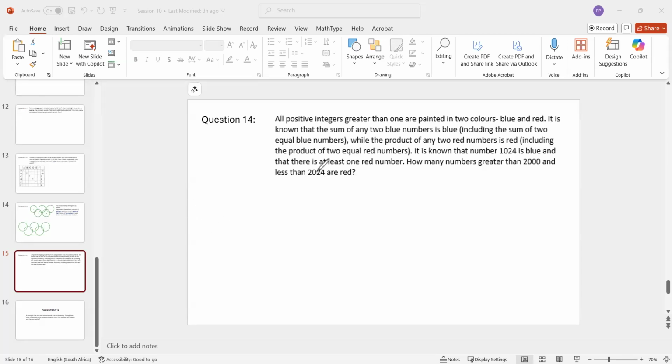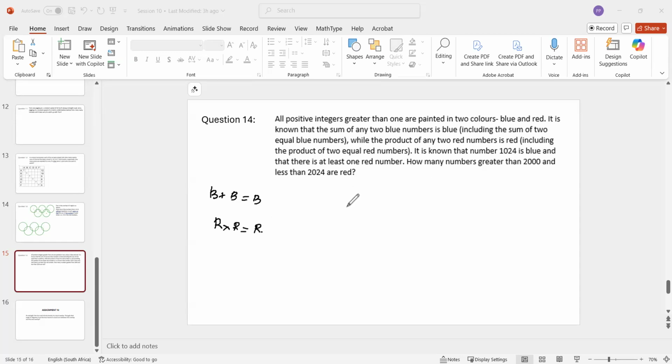It is known that the sum of any 2 blue numbers, let's put it like this, b plus b, the sum of any 2 blue numbers is blue, including the sum of 2 equal numbers. All right, so 4 plus 4, for instance, if 4 is blue, then 4 plus 4, which is 8, so that's also blue. And the product of 2 red numbers is red.